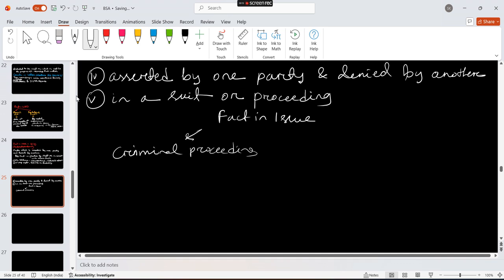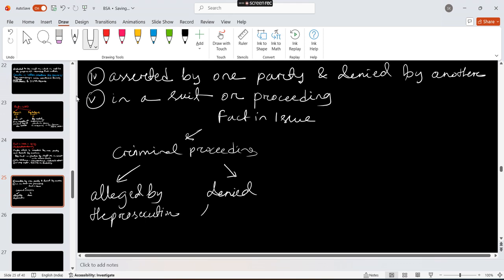Remember, it is alleged by the prosecution. Here, asserted by the prosecution is not written, because the allegations are put forward only by the prosecution, that the accused did this and that to the victim.